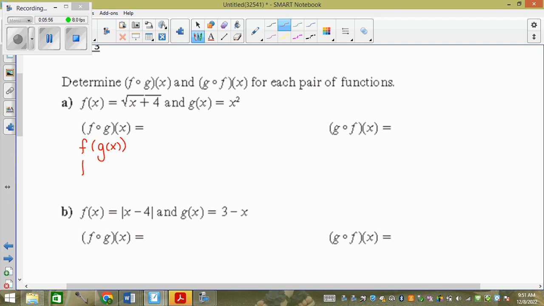So I'm going to get f of what? x squared. Cool. Then what? This x squared goes in for all the x's in f. If you don't overthink the situation, that's all you've done so far, right? x goes in for x. Whatever's in that bracket goes in for x. So my f happens to be the square root of x plus 4. So it's going to be the square root of x squared plus 4. And now I have my graph. What's the domain of that graph?